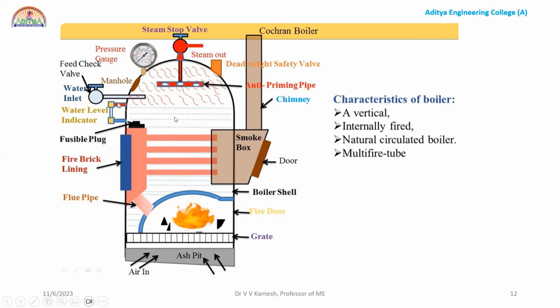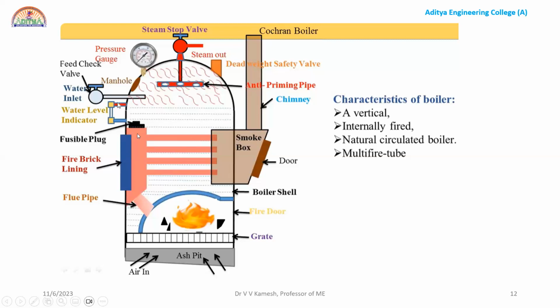So now you are looking here, some dotted lines up to the bottom. Up to the bottom, it is completely filled with water, right? So all the dotted lines, you are seeing the water, and on the left side, you have the water level indicator, right? And by the side of your fire brick lining, you have the fusible plug.